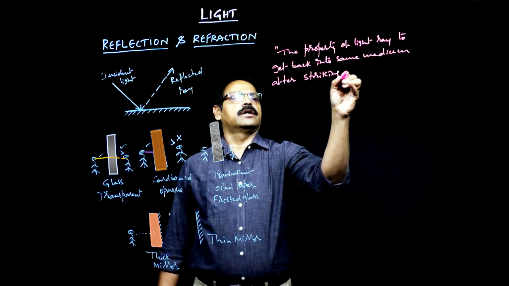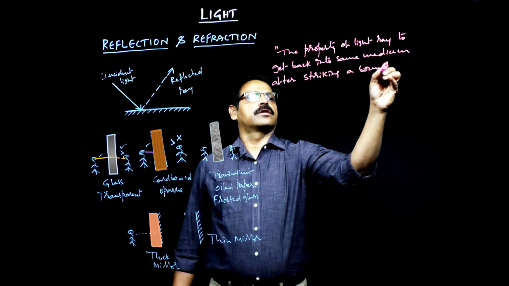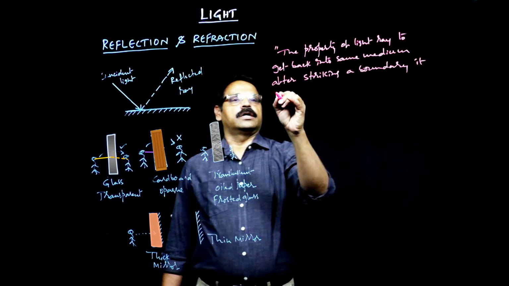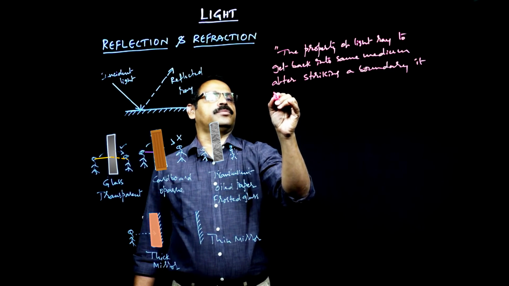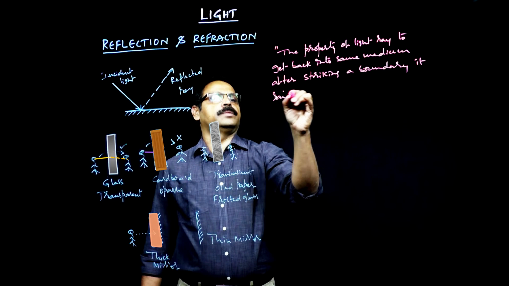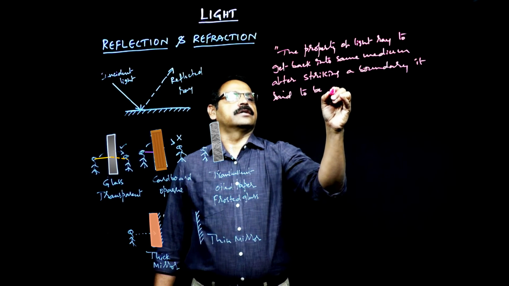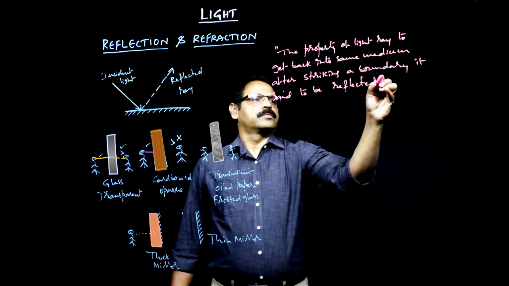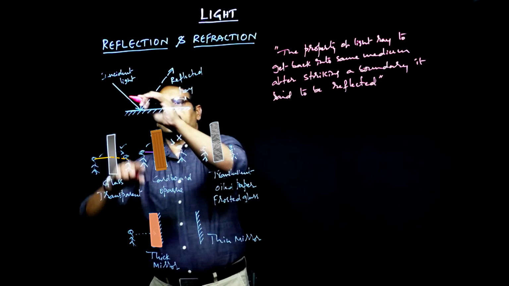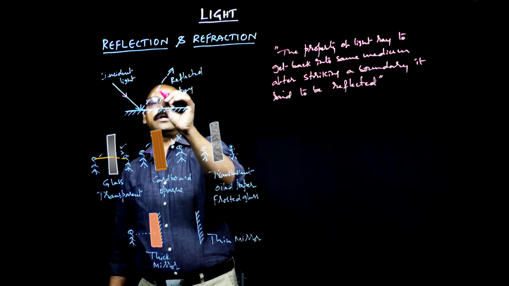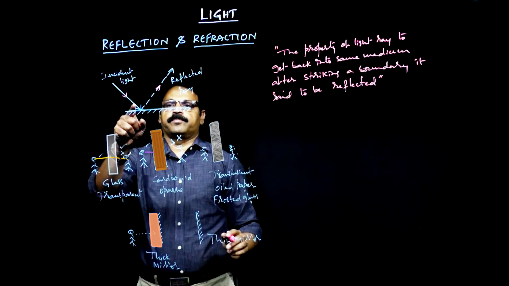After striking a boundary, it is said to be reflected. That means a ray starting from the medium over here, getting back into the same medium.